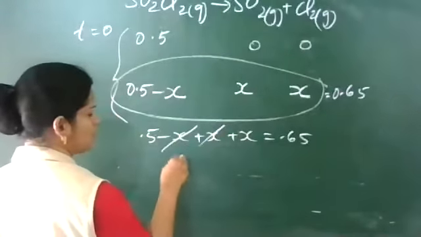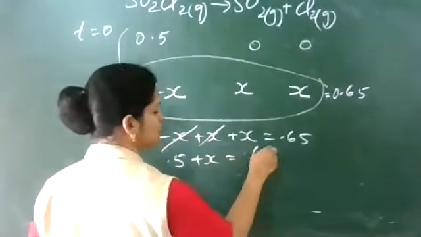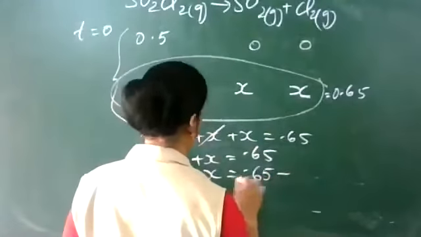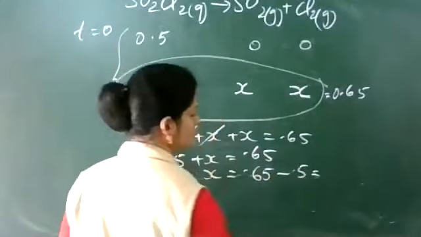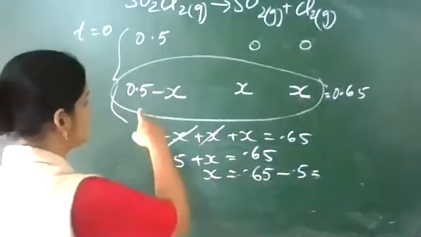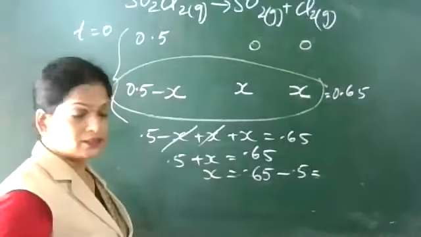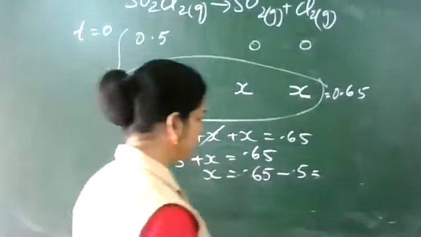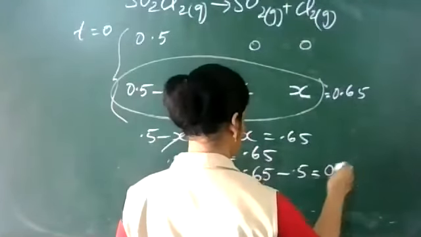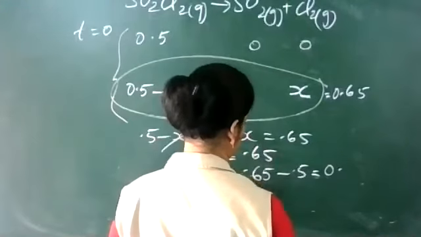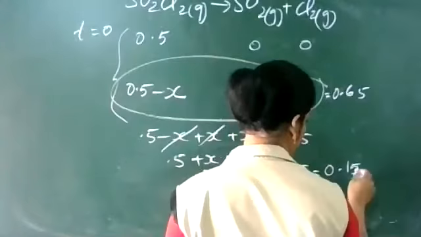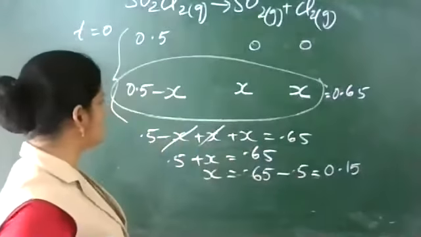So 0.5 plus x is equal to 0.65, or x is equal to 0.65 minus 0.5. That is equal to 0.15.